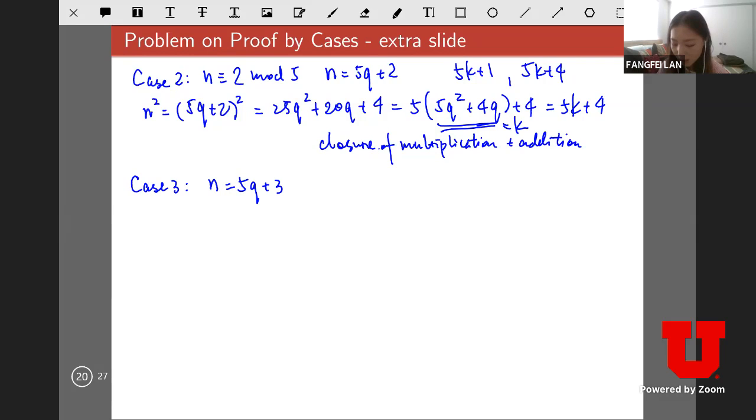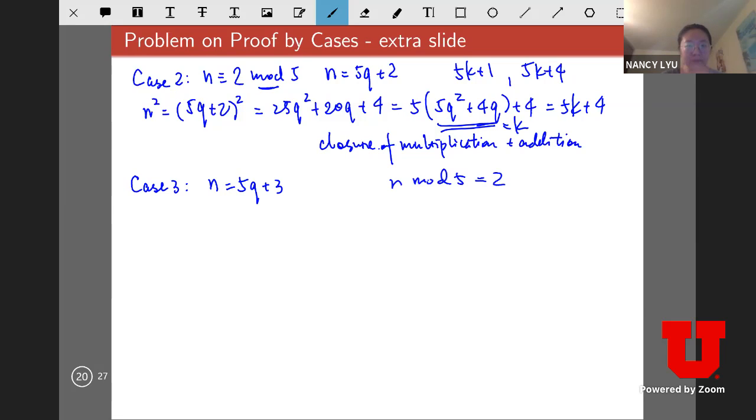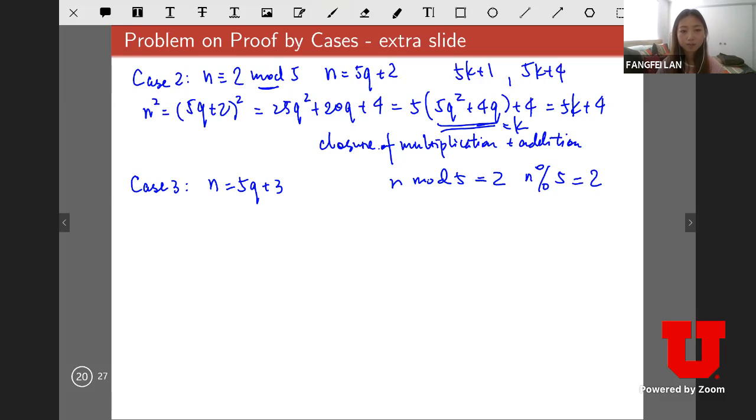Mod is like an operation, like dividing. So when you say n mod 5 is equal to 2, it's the same as saying the remainder is equal to 2. There's no difference. You can write whichever and it will be correct.